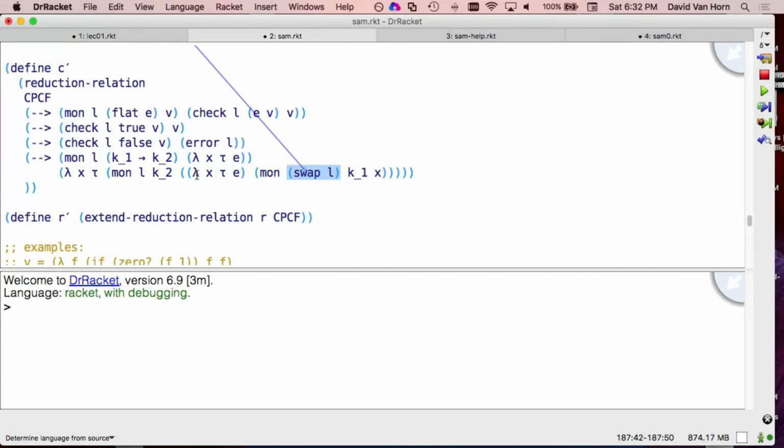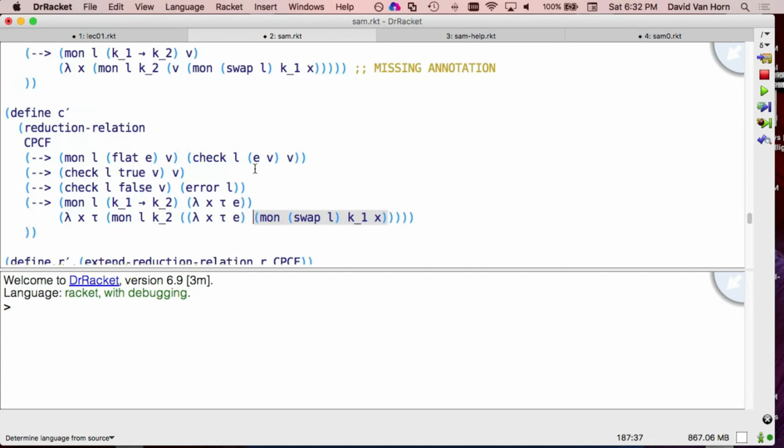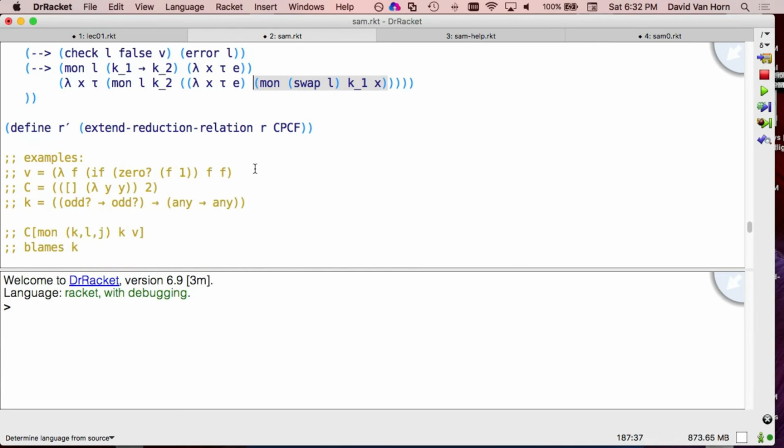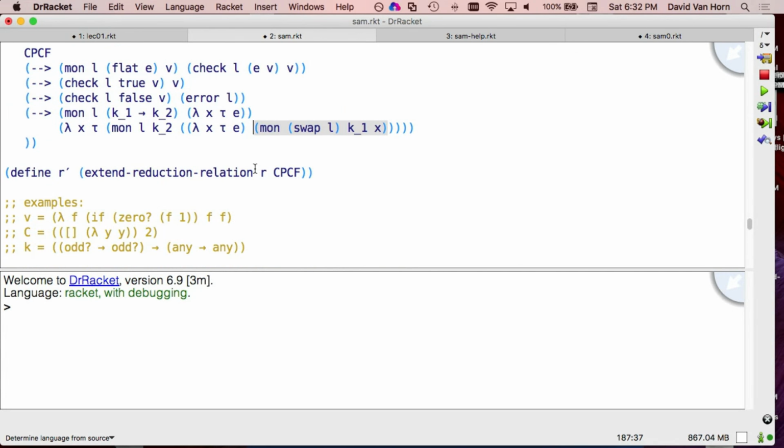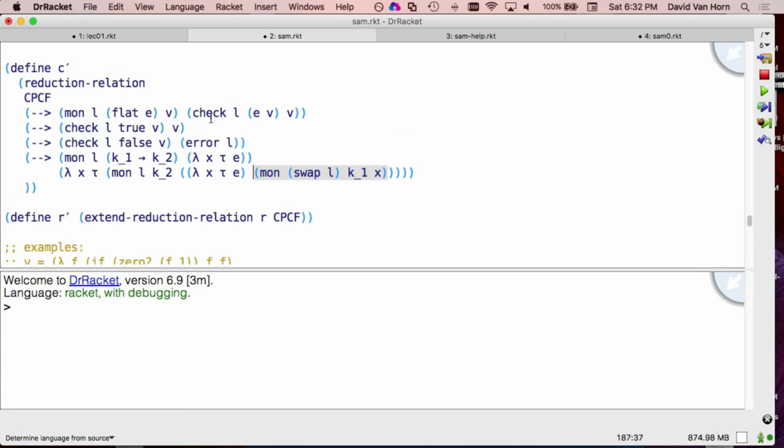And then in that crucial rule where things swap, I just have a meta function called swap that switches the parties. In the case of check and error, it's the first part that's to blame, and the third part is the party that wrote the contract.